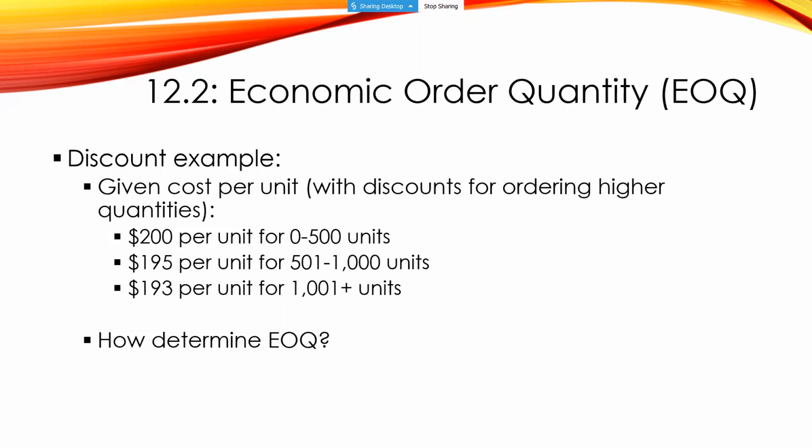And we want to use the minimum quantity it takes us to get there. So for our cost of 195 per unit, we're looking at 501 for an order quantity. 193 per unit, 1,001 units.